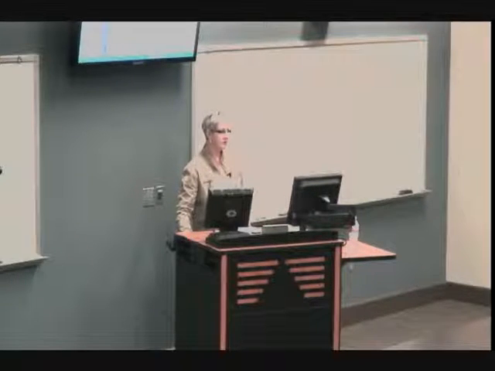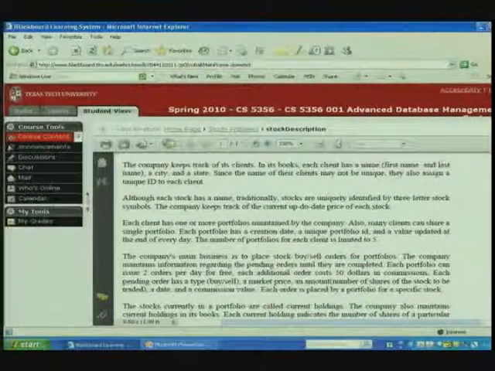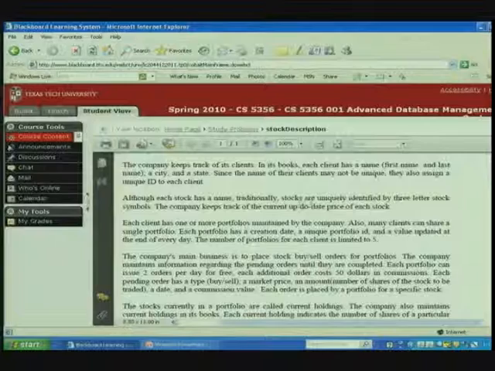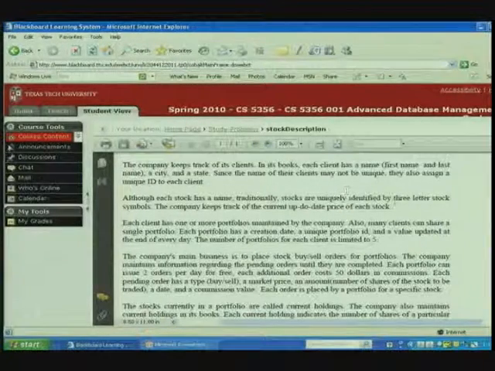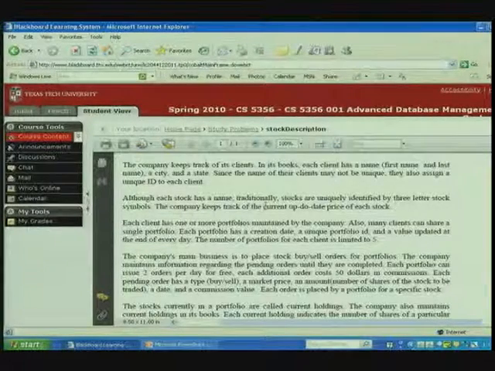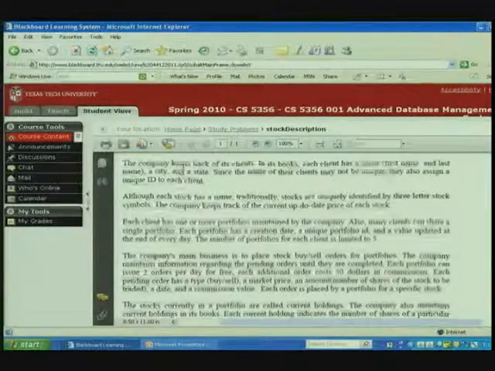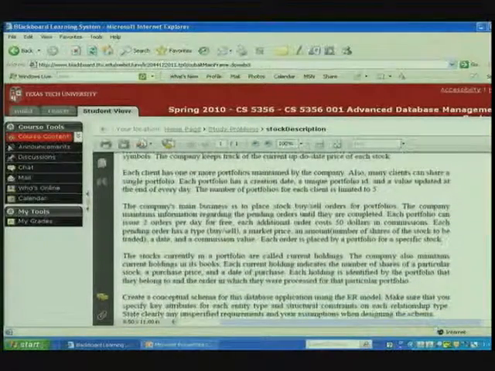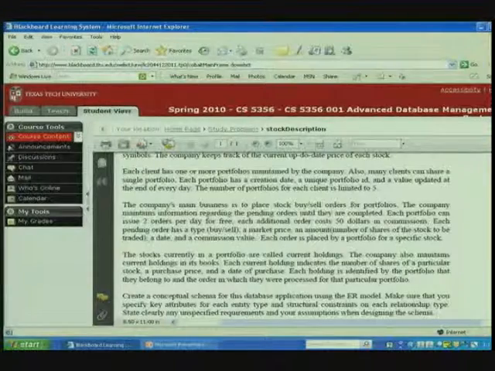So the company keeps track of clients, and there's some information here that describes what it stores about clients. Although each stock has a name, traditionally stocks are uniquely identified by stock symbols, so the company keeps track of the current up-to-date price of each stock. Each client has 1 or more portfolios maintained by the company.